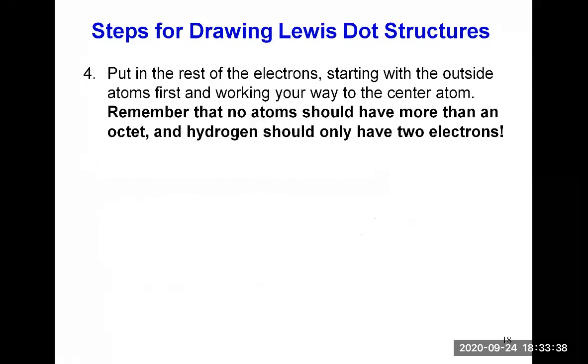By doing this, you will give lone pairs to the outside atoms first and work your way to the central atom. Remember that no atoms should have more than an octet, so 8 electrons maximum around a given atom. And hydrogen should only have 2 electrons. It's an exception. There are other exceptions with beryllium and boron, we'll see later on.